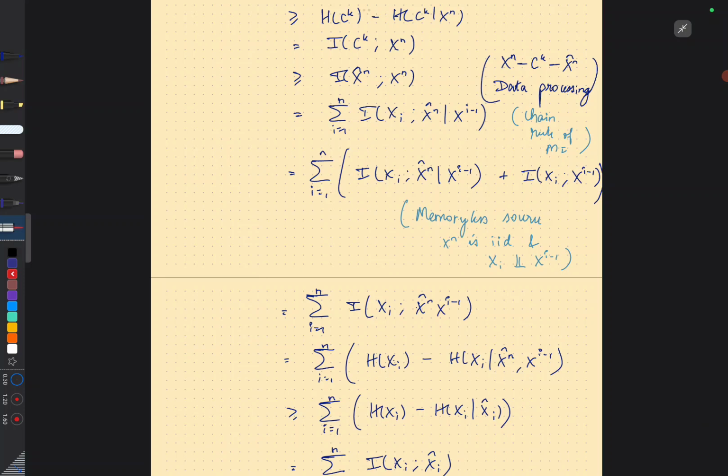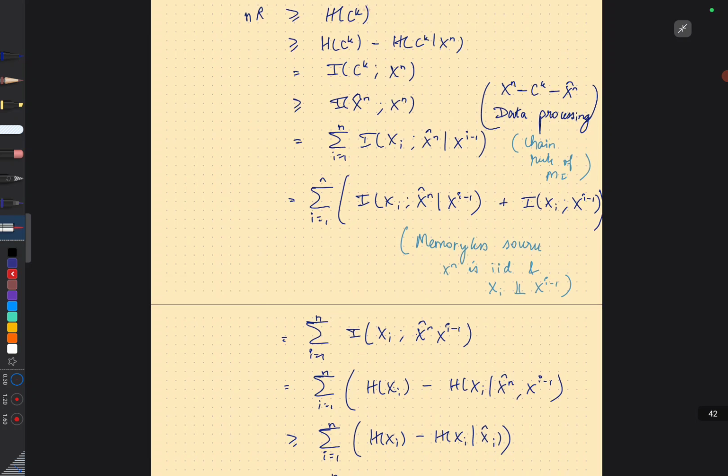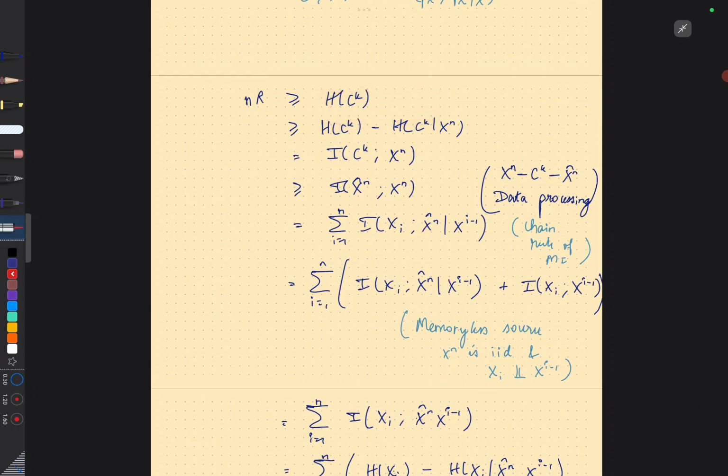And usually through a sequence of steps, you try to bring it down into an expression that looks like this: a summation i equal to 1 to n of some kind of a mutual information between only xi and xi hat, or some entropy of just xi. So essentially here, the first sequence of steps was to show that n times the rate is greater than or equal to this mutual information between two vectors.